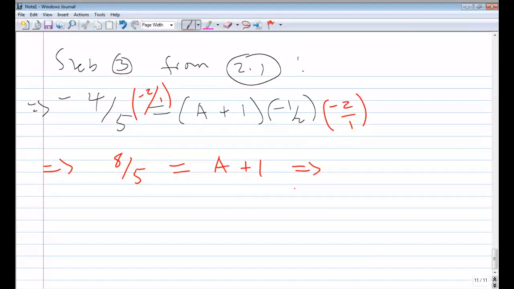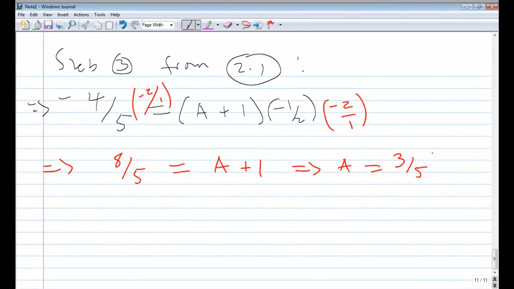Then you subtract 1 there. You're going to get A equal to, is it 3 over 5? Yes, 3 over 5. Are we still together?